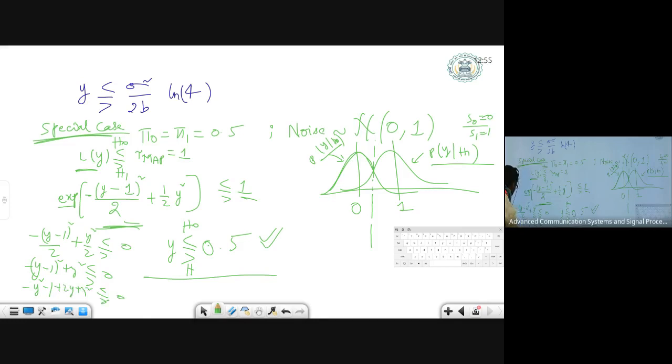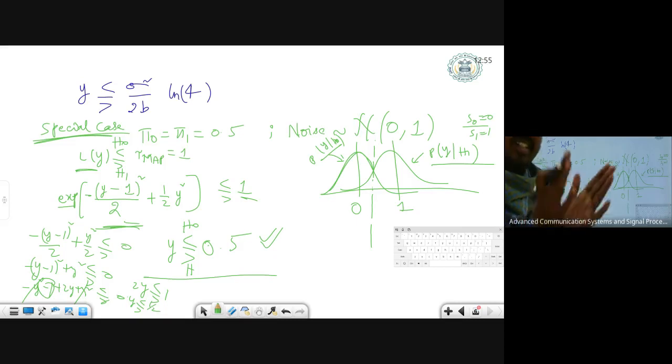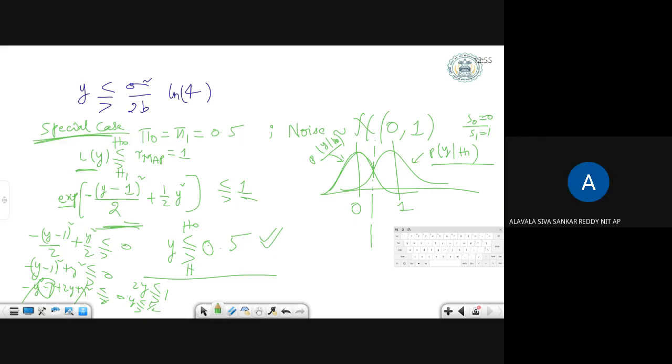Minus y square plus y square cancels. If I bring this minus 1 to this side, you will be getting 2y equals 1, so y equals 0.5. Now okay. E power is there, sir. Yes, sir.